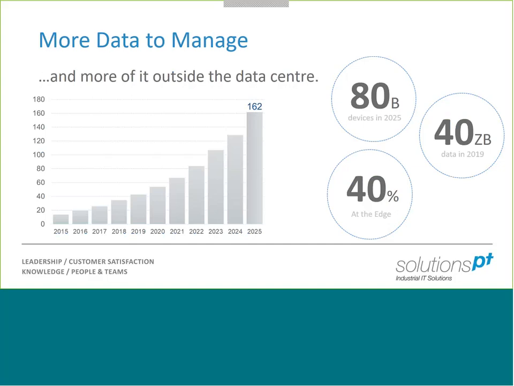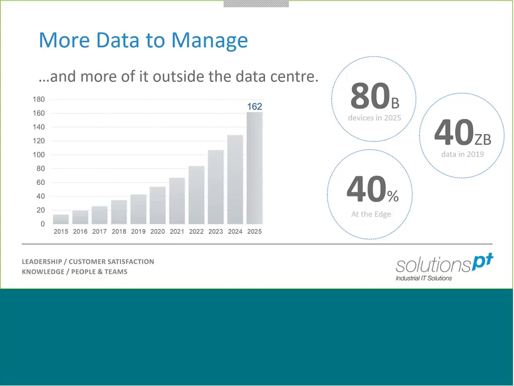So here's a graph from the IDC, some of the research that those guys have done. And we can see there's a huge trend of increasing amounts of data that is going to be collected and stored. In 2015, there were 16 zettabytes of data that we generated globally.